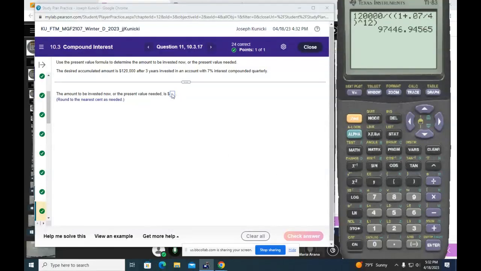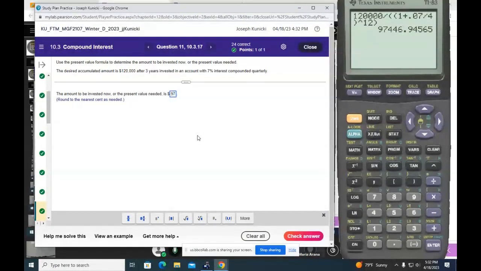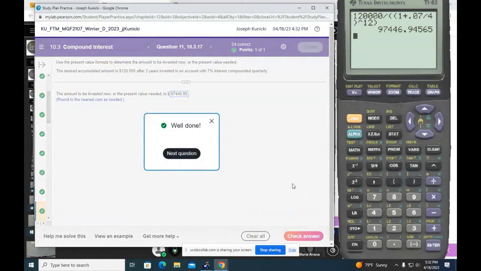So we've got to put 97 grand in right now. I hope putting the formulas in this style helps you when you put them in the calculator. I pretty much have them memorized just because I use them all the time.